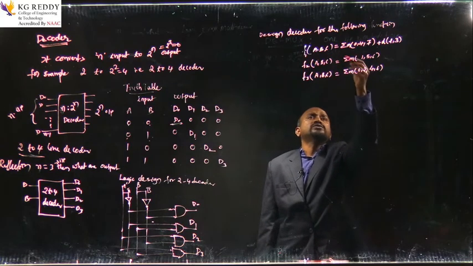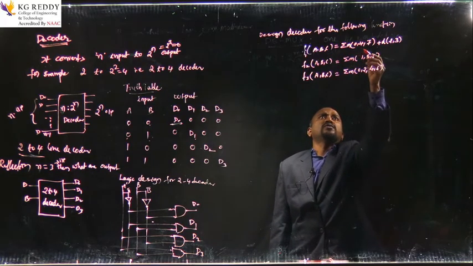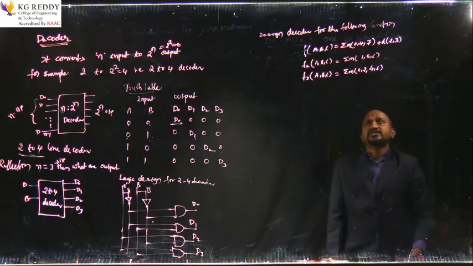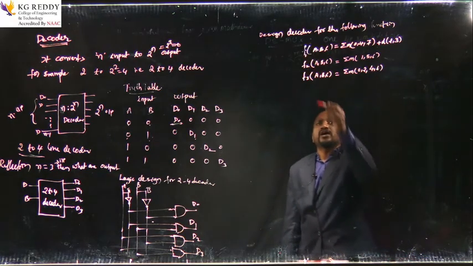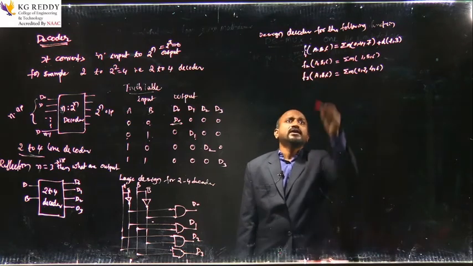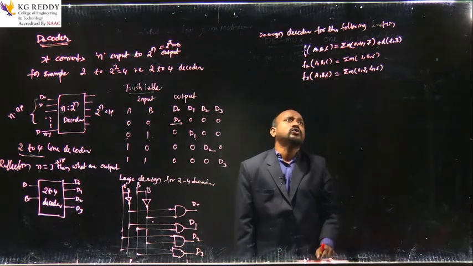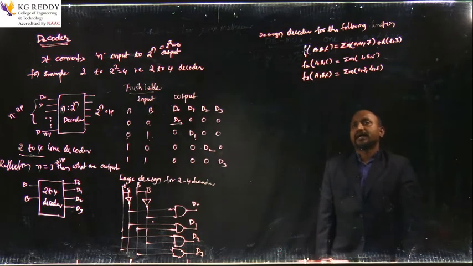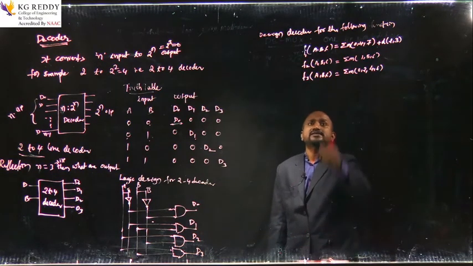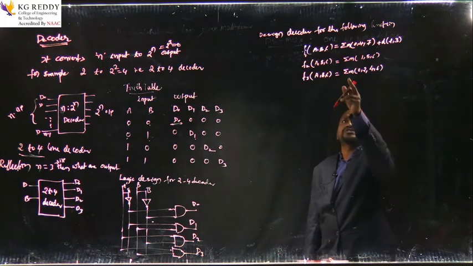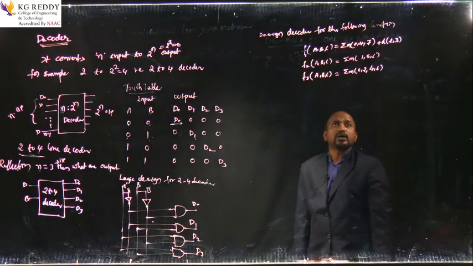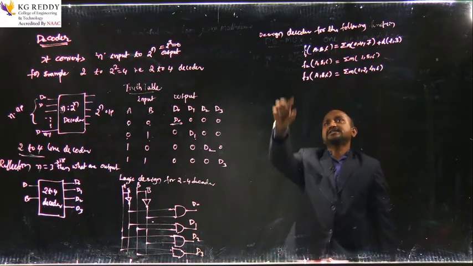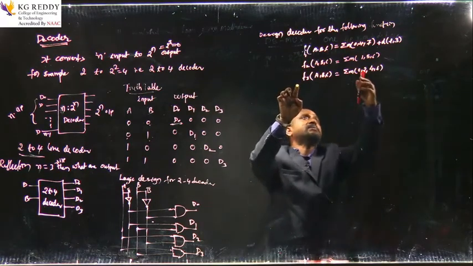F1 is equal to sigma m of 0, 4, 7 plus don't care 2, 3, and F2 is equal to sigma m of 1, 5, 6, again F3 is equal to sigma m of 0, 2, 4, 6. So by default it says 3 different inputs and 8 outputs.